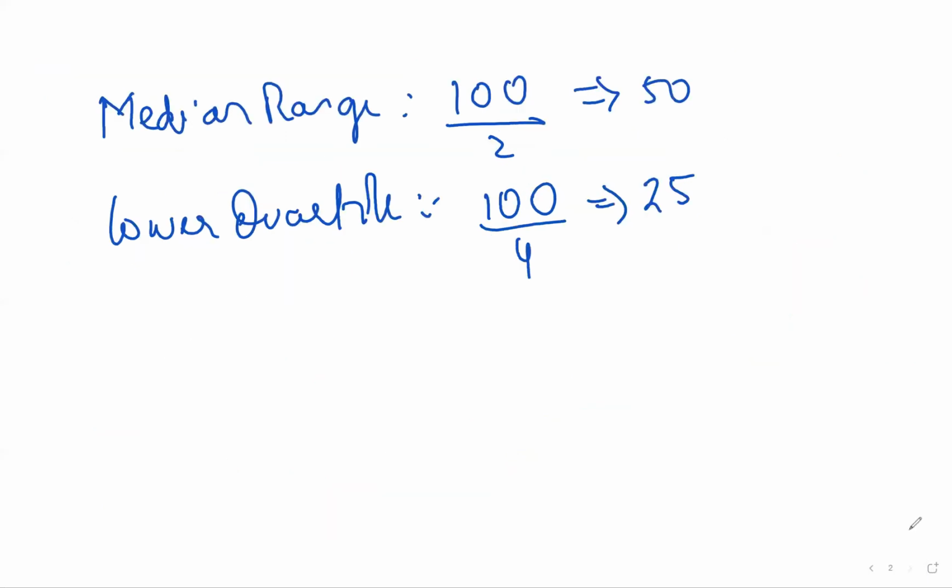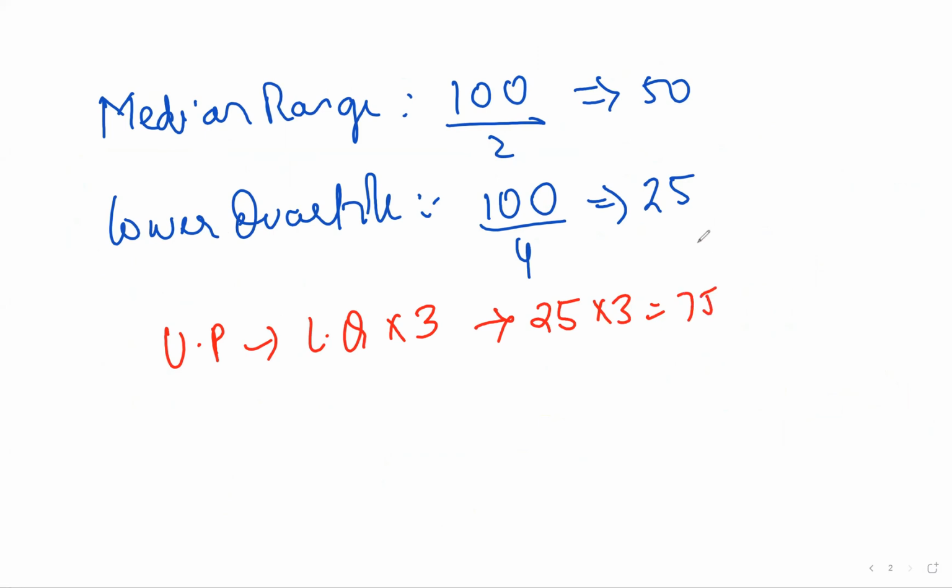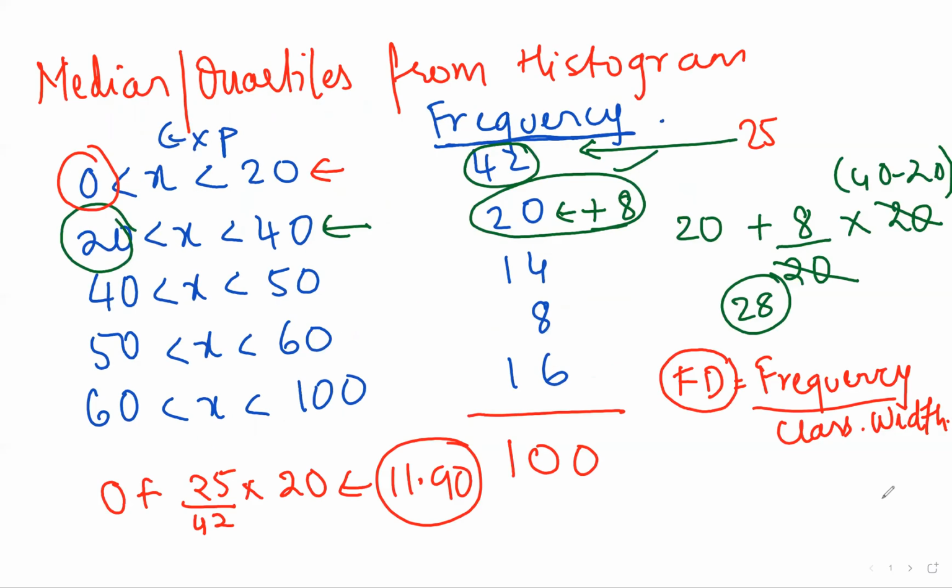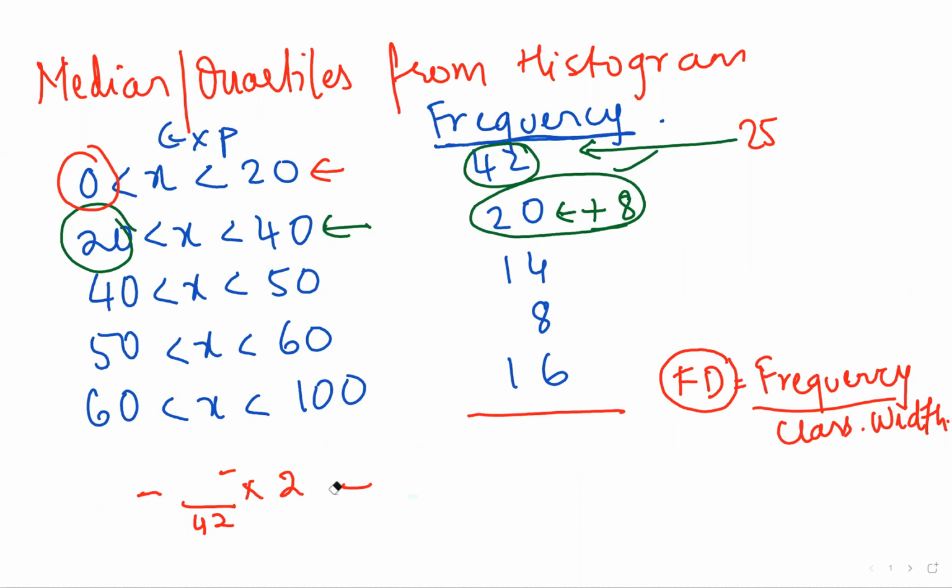If I want to find the upper quartile, it runs in a similar manner. Upper quartile is what? Either you do lower quartile into 3, which is 25 into 3, which is 75, or upper quartile is total frequency into 3 over 4, which is also 75. So again I will go here, same thing, the way we did for median and the way we did for lower quartile.